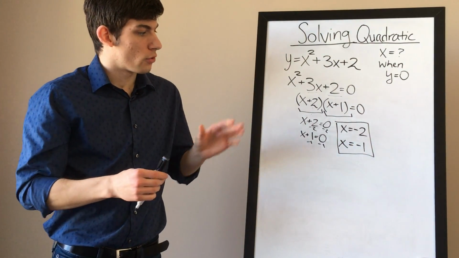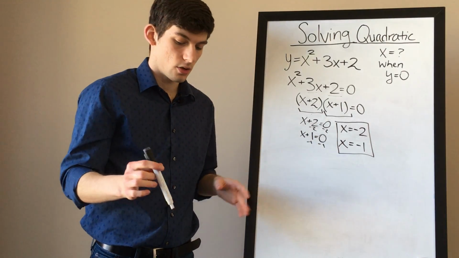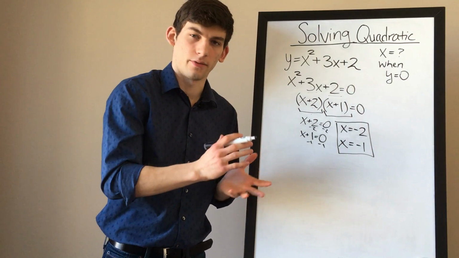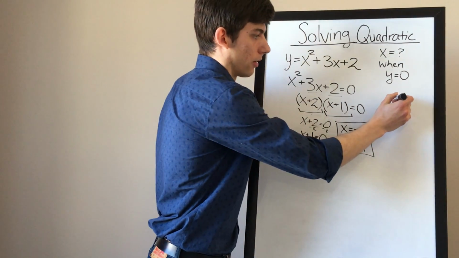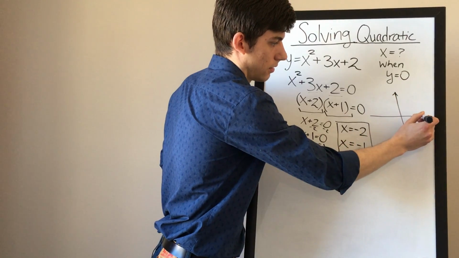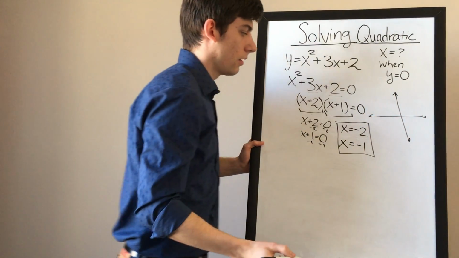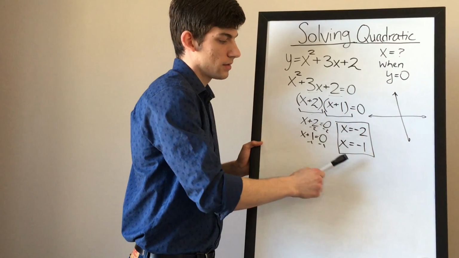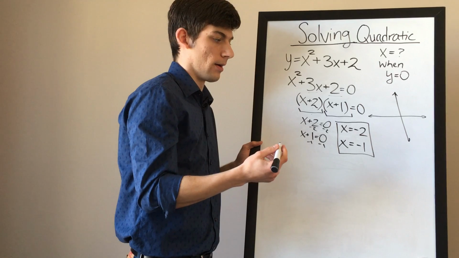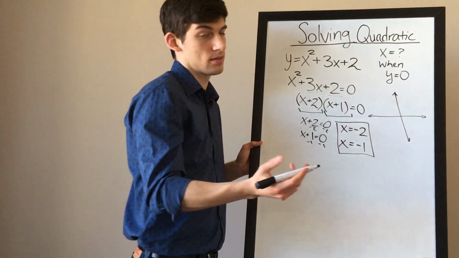So graphically, what does this mean? I know we're not working on graphs yet, but I want to give a little bit of context for it. So we know that our parabola, if we have some graph, when you solve this, the x values that you get are the x values of your x-intercepts.